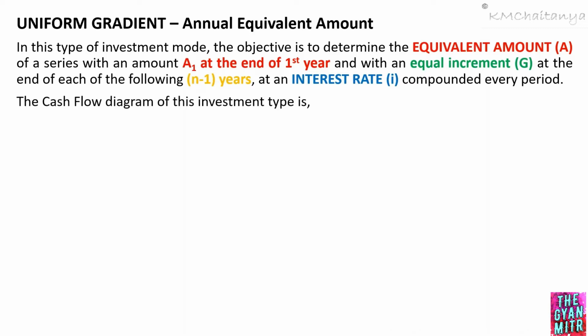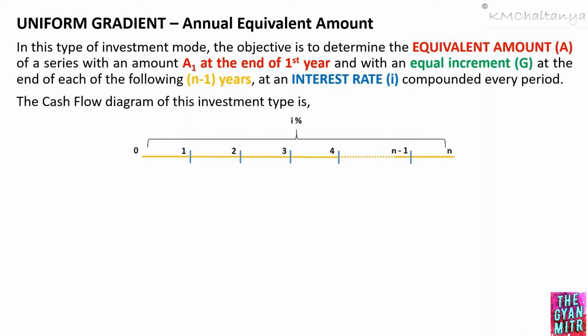The cash flow diagram of this investment is, we have a time scale. At the end of first year, there is an investment of A1.